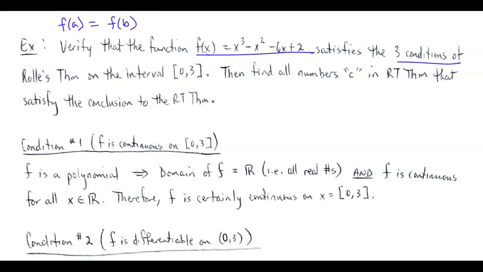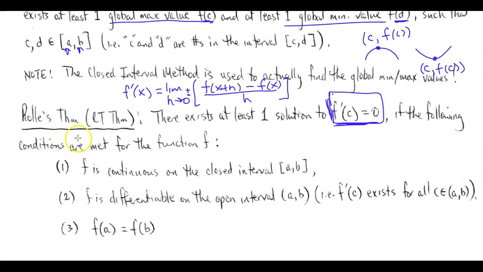So let's go back and review those three conditions that we have to have in order for Rolle's theorem to be realized before we get into this example. If you remember Rolle's theorem, we said that there exists at least one solution to this particular equation.